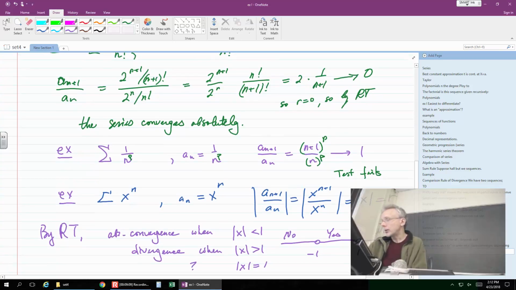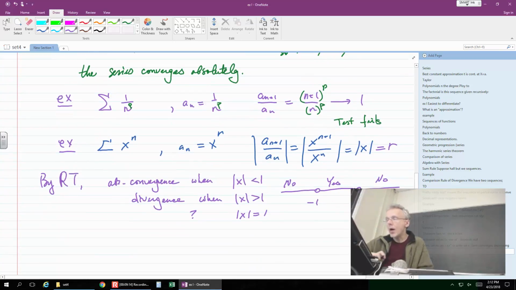Because the test fails there, the endpoints have to be looked at separately. As I indicated, this is yes, and this is no. Considering that our power series are polynomials growing in degree, polynomials are defined and continuous everywhere, and they seem to behave nicely.